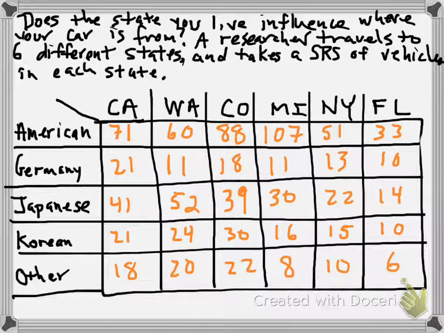This is going to be important. Remember, it's rows by columns. How many rows are there? There's 5 rows. That's the German, Japanese, American, Korean, not in that order. And how many columns are there? There's 6 columns representing the 6 states. So we're going to put in 5 by 6 for the dimensions.